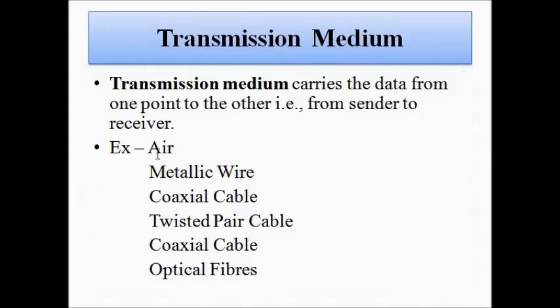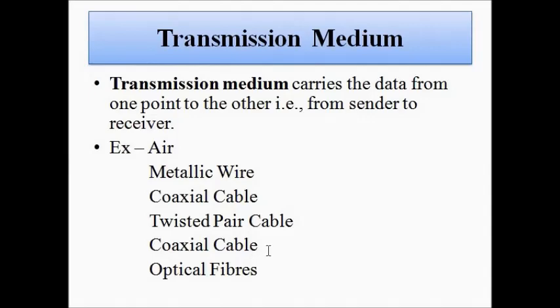So the various transmission medium generally used in the data communication process are air, the electromagnetic medium, also called the electromagnetic mode of propagation, then the metallic wire, coaxial cable, twisted pair cable, and optical fibers.